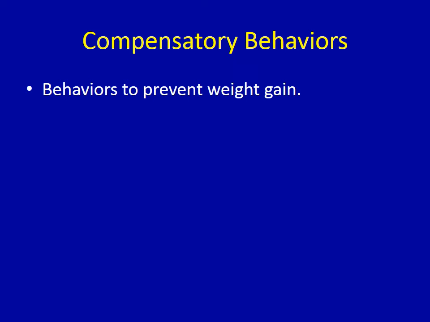Our final behavioral symptom of eating disorders are what are referred to as compensatory behaviors. These are behaviors that an individual engages in order to prevent weight gain. These may be compensatory behaviors that an individual engages in response to an episode of binge eating, but it's not necessary for a person to have engaged in binge eating in order to engage in compensatory behaviors.